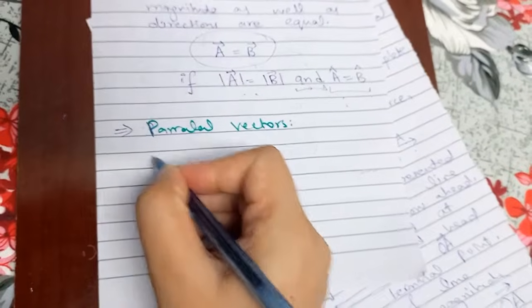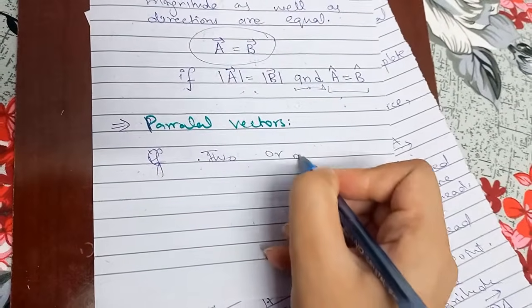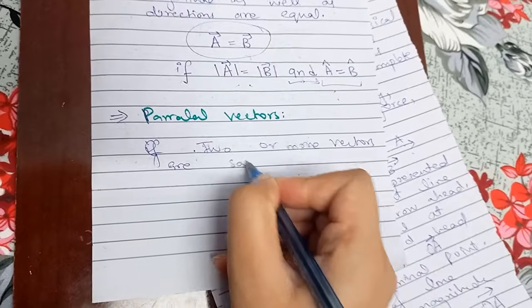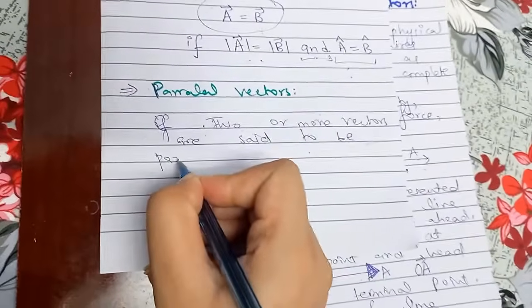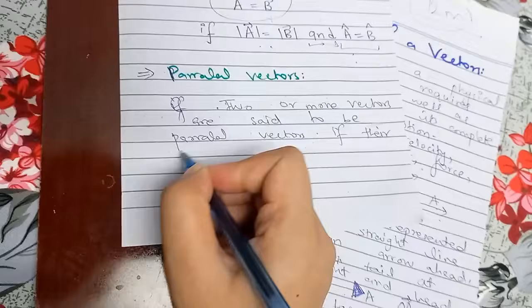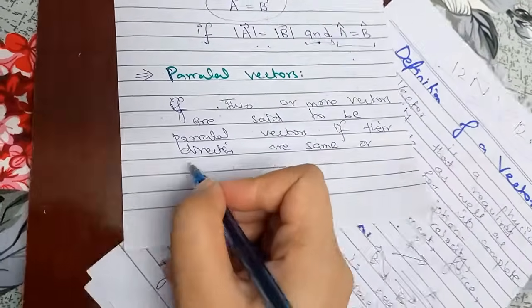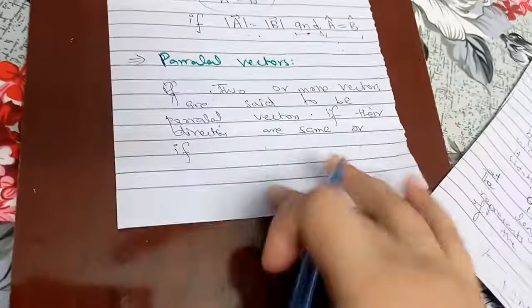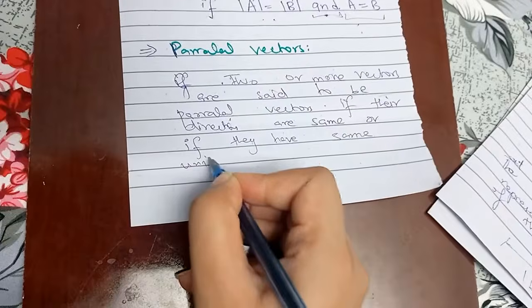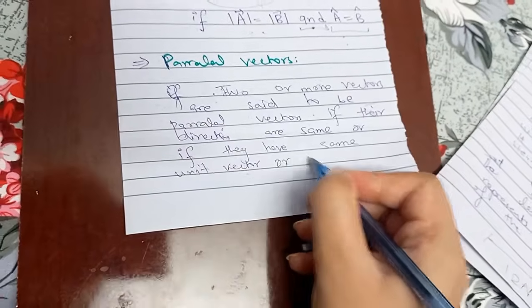Two or more vectors are said to be parallel vectors if their directions are the same, or if they have the same unit vector, or if they point in the same direction.